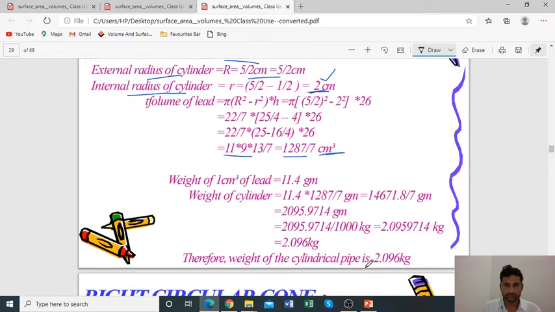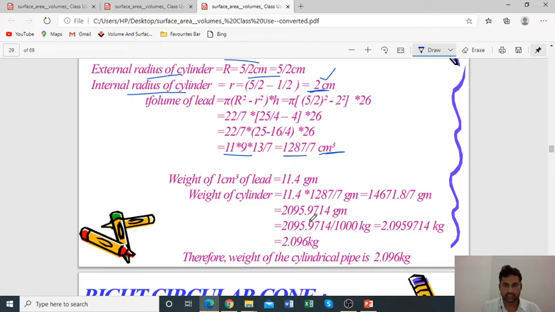So total weight we find out 2095.9714 gram. Okay, so we convert gram to kilogram by dividing by 1000. So approximate weight is 2.0959714 kilograms. Therefore weight of the cylinder pipe is 2.096 kilogram.